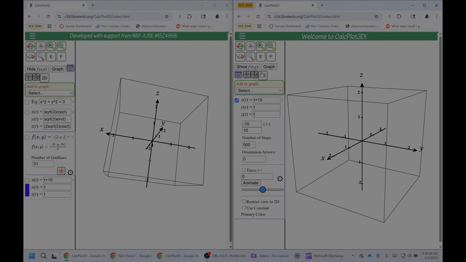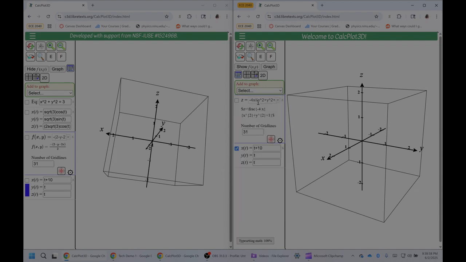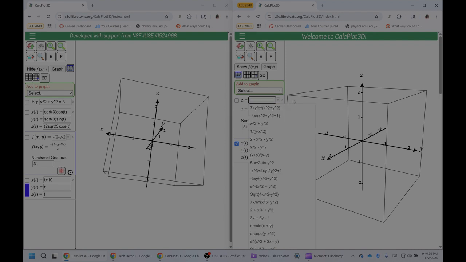So now we want to graph the plane 2x plus y minus 2z equals 2. To do that, we will just use a function z equals f(x,y). We'll plug in our numbers really easily for this one. We just set it equal to z.